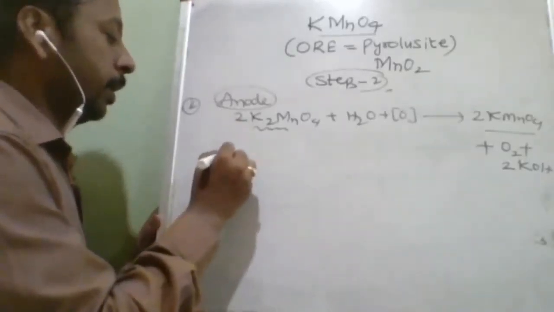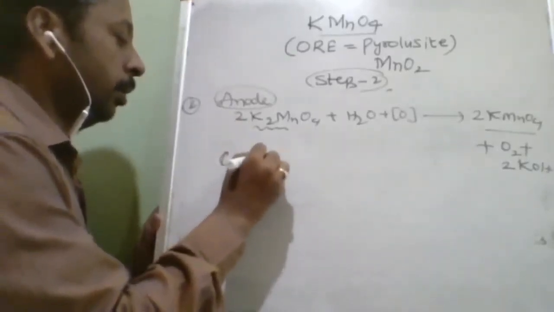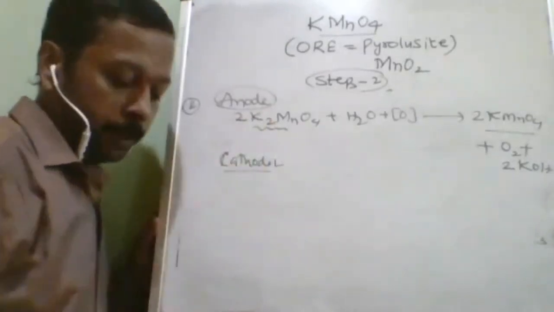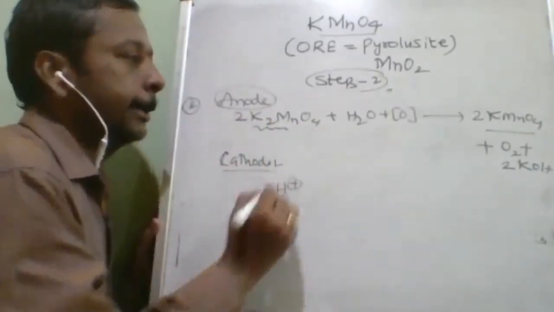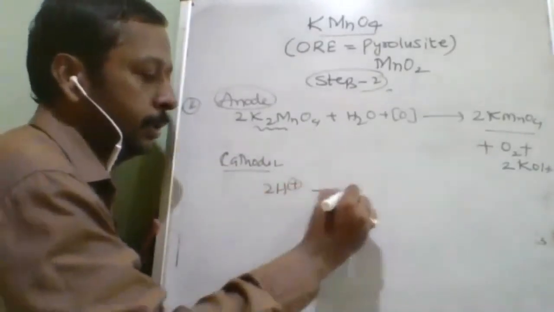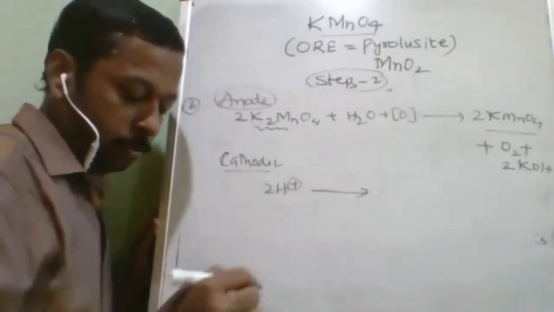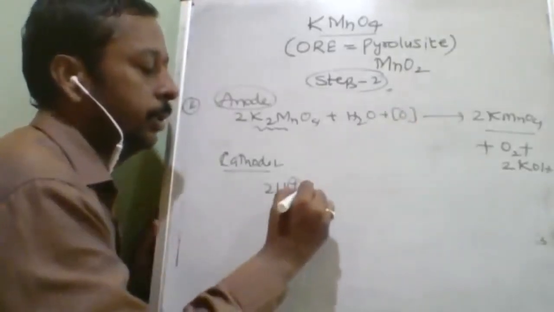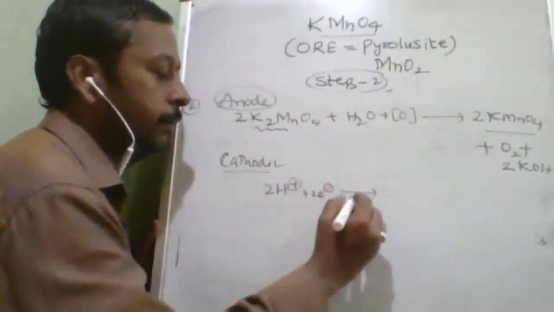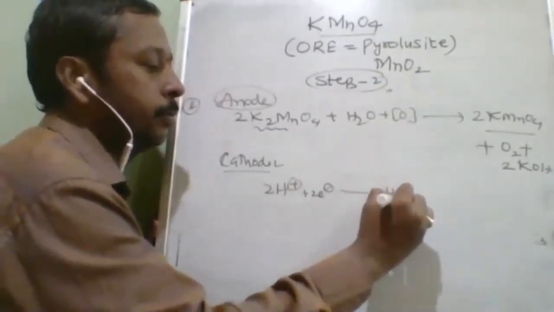Next, the reaction at cathode. It will be only 2H plus. 2H plus will be converted after gaining 2 electrons, 2 electrons will give you H2 gas.